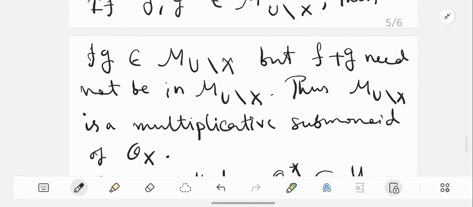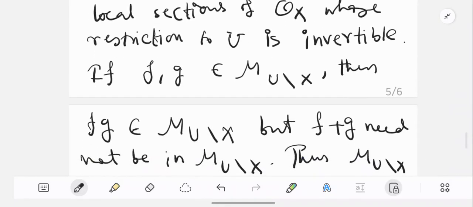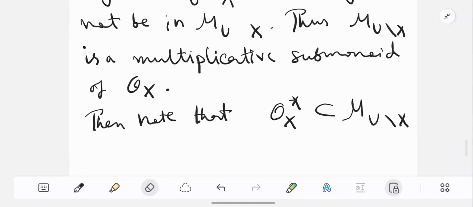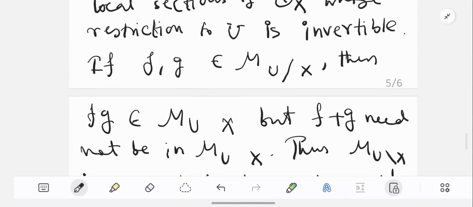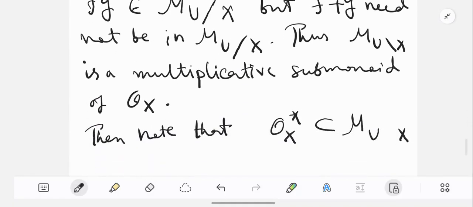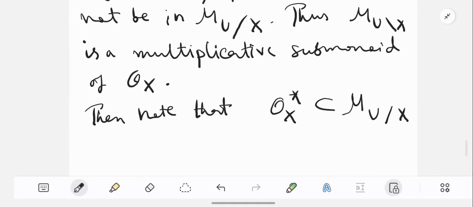This notation is a little bit confusing, so let me change it to this. This is the standard notation.